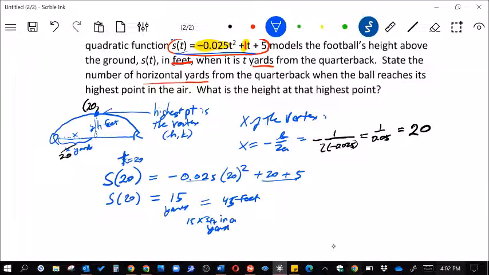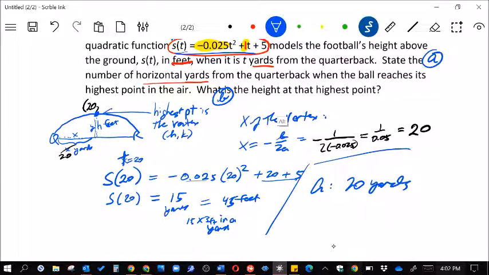So for the answer, the number of horizontal yards is 20 yards. The height at the highest point, the height above the ground, is in feet, so we take the yards and multiply by 3 to get feet. That's 45 feet.